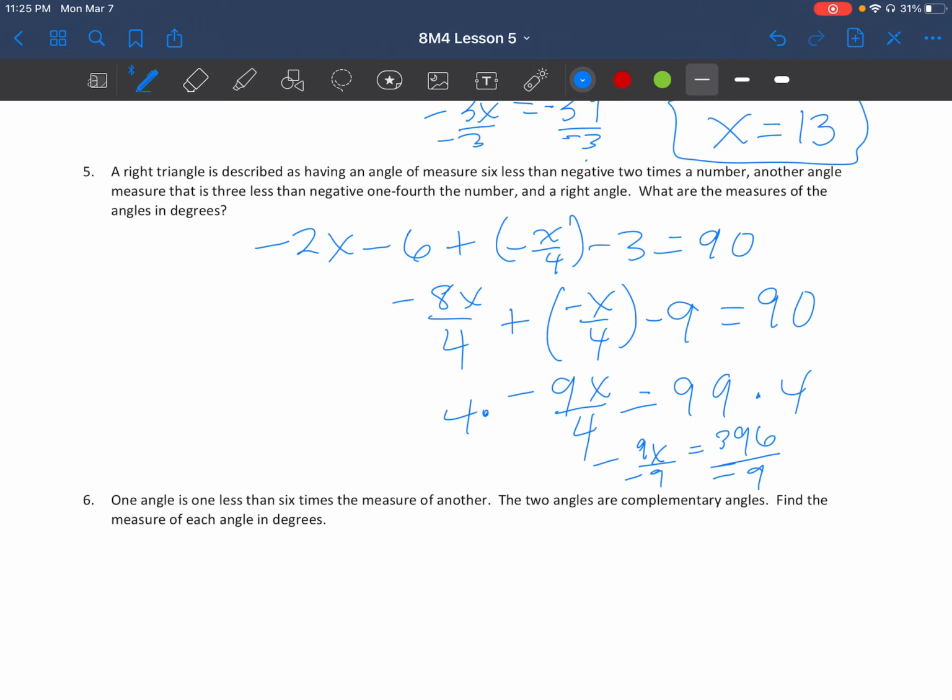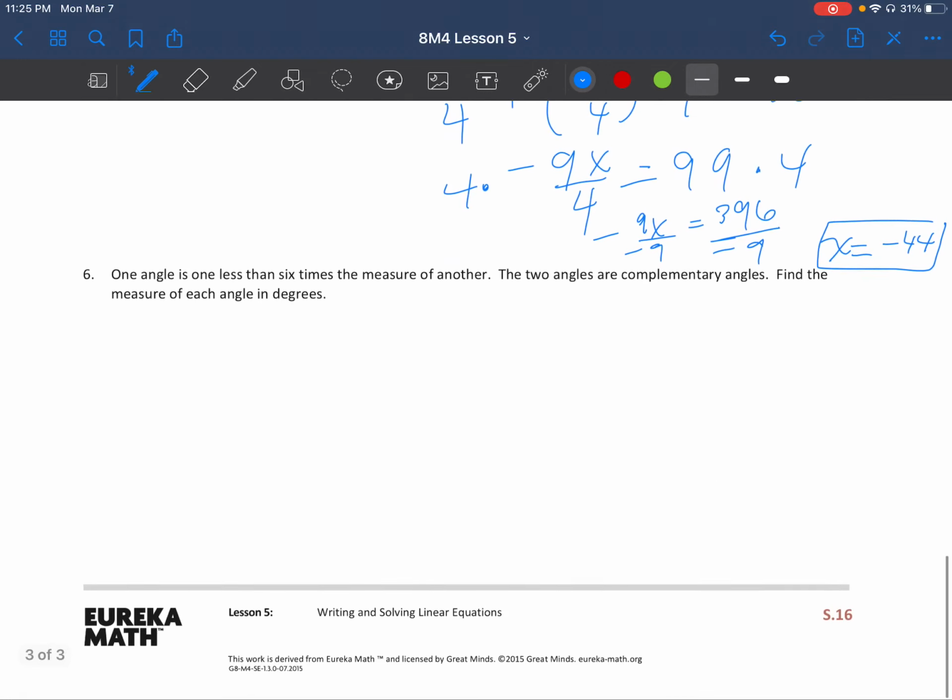Divide both sides by negative 9. So we end up with x equal to negative 44.